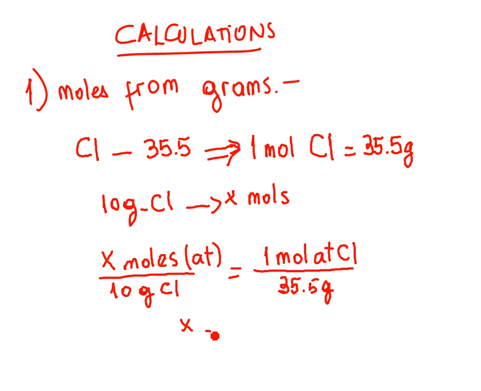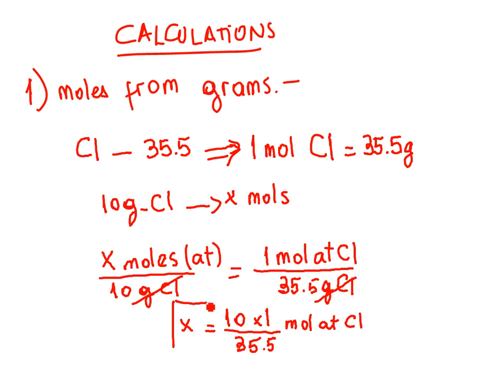So X will be equal to 10 times 1 divided by 35.5, and whichever is the number, the units, these are grams of chlorine, so we can cancel them both, and the unit is going to be moles of atoms of chlorine. Okay? So, well, forgive me the mess. Okay, and we already finished with that.